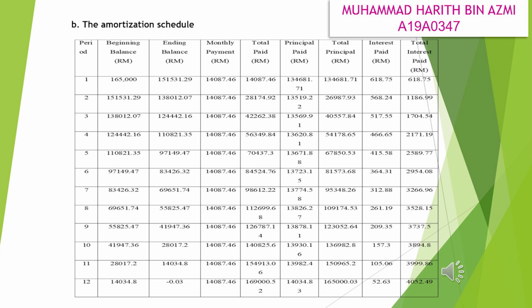And the answer is 151,531.29 ringgit. Continue for the next month until the last month with all the formulas to get all the values. Ending balance for the last month is negative 0.03.